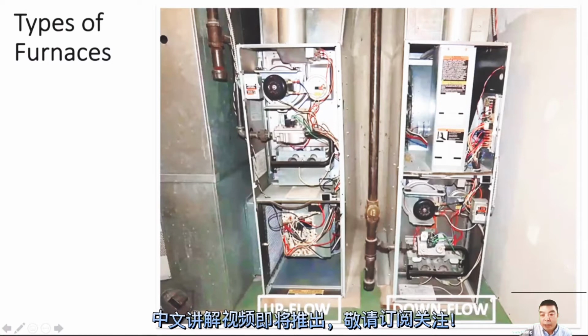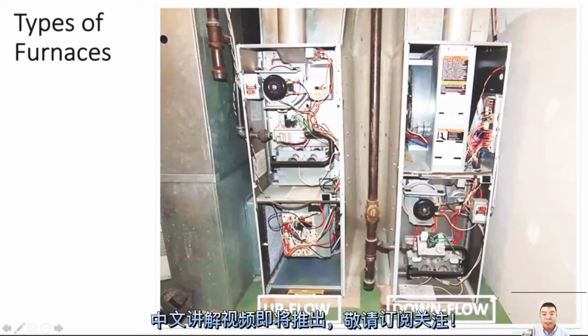Yeah, so the downflow is just upside down. Normally, with the new technology, the furnace can be installed upflow, downflow, or horizontal. It doesn't matter how you want to install it.